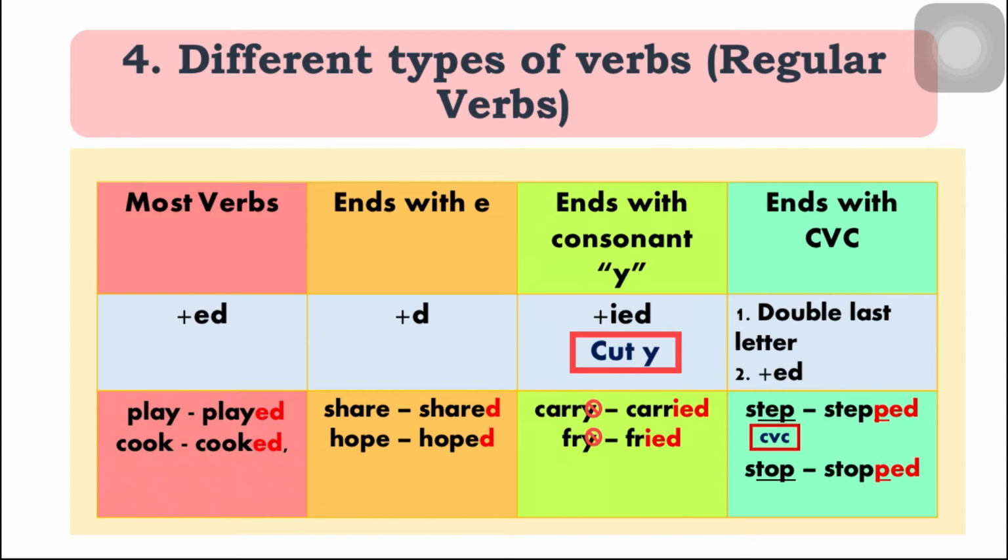So step becomes stepped, with P, E, and D. For the second one, stop. Let us look at T-O-P. T is a consonant, O is a vowel, and P is also a consonant. So we need to double the last letter P and add ED. So stop becomes stopped.